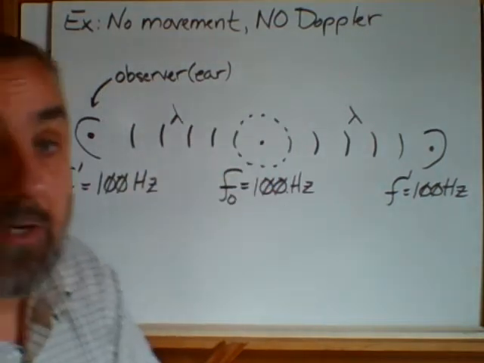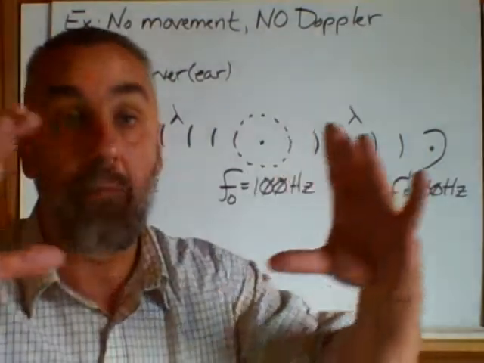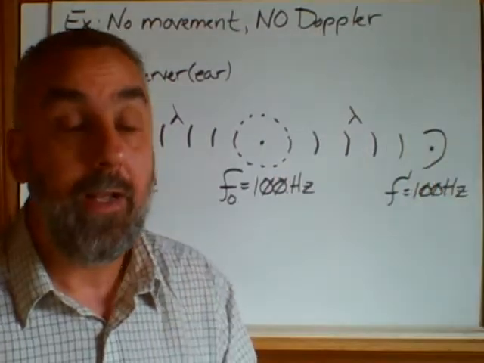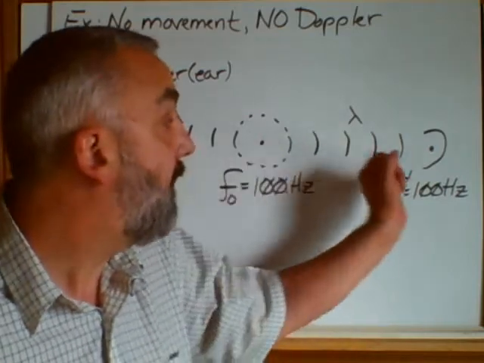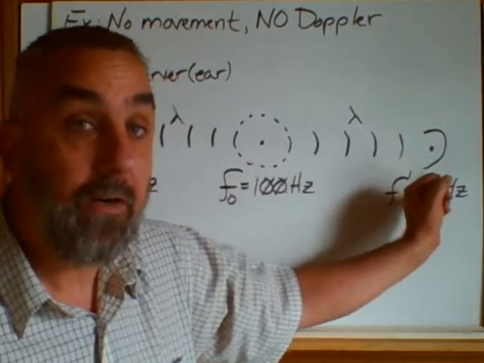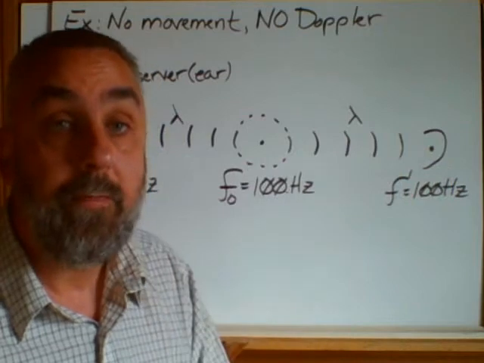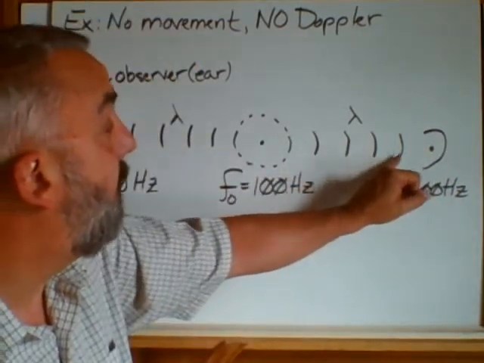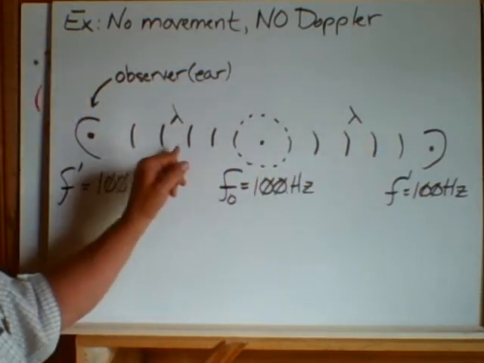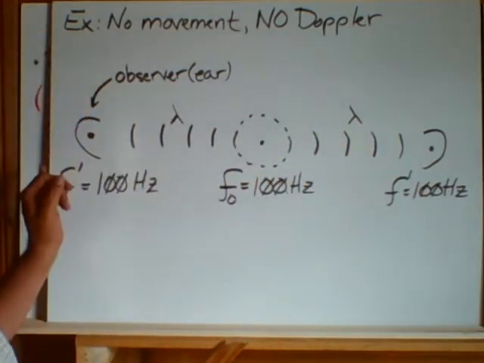In this diagram, I really don't want to draw the entire circular wave fronts as they're expanding outward. They're not terribly important for us. All we're interested in is the part of the wave that's going into the observer's ear over here. So I'm just showing a few representative wave fronts over here, and a few representative wave fronts on this side. So we have two observers.